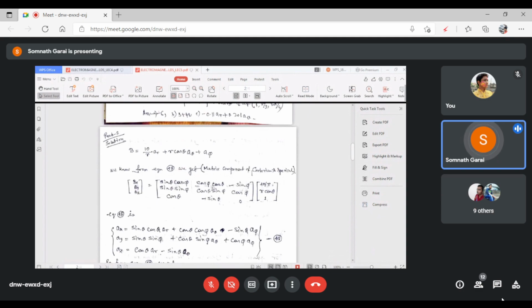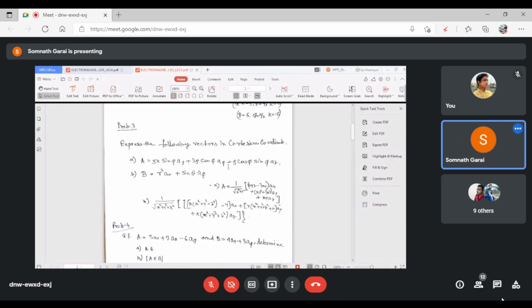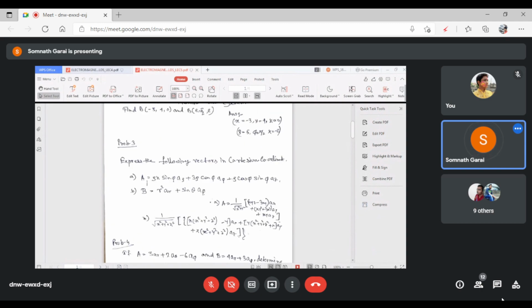We convert in Cartesian and cylindrical. So you solve these two problems. A is the cylindrical coordinate system, B in spherical coordinate system. You have to convert in Cartesian form.